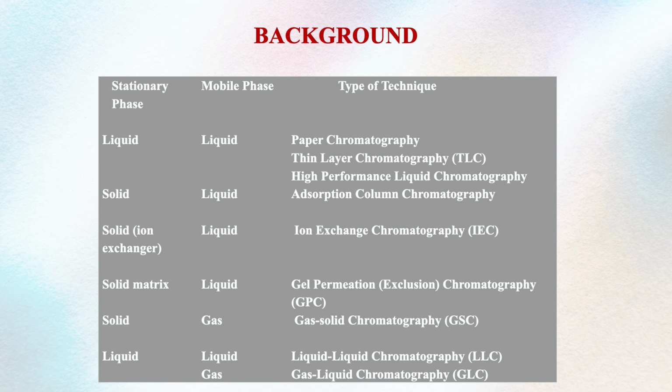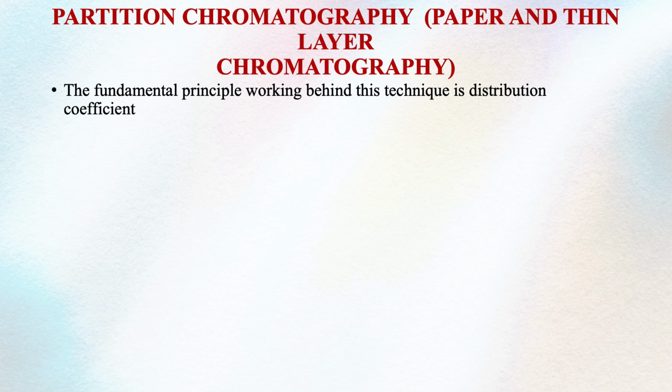Since in this session we are restricted to discussing partition chromatography, let us know more about it. The best examples under partition chromatography are paper chromatography and thin layer chromatography. The first technique we will be dealing with is paper chromatography.